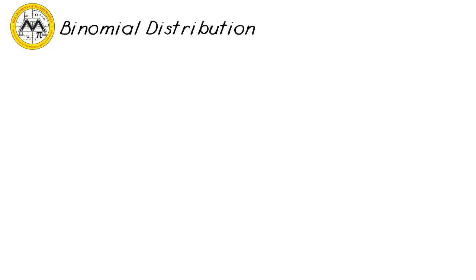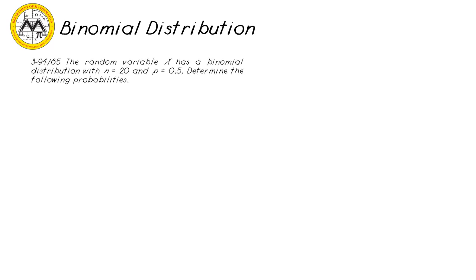Next example. The random variable x has a binomial distribution with n is equal to 20 and p is equal to 0.5. Determine the following probabilities.